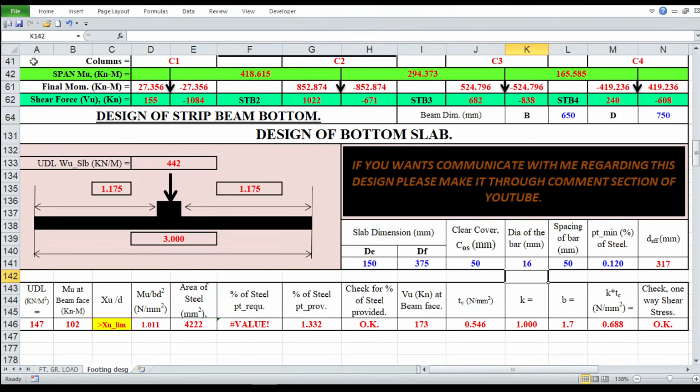So once again we are changing it to 12. If we change the spacing to 75, design is not okay. But if we change the bar diameter to 16, design is okay.